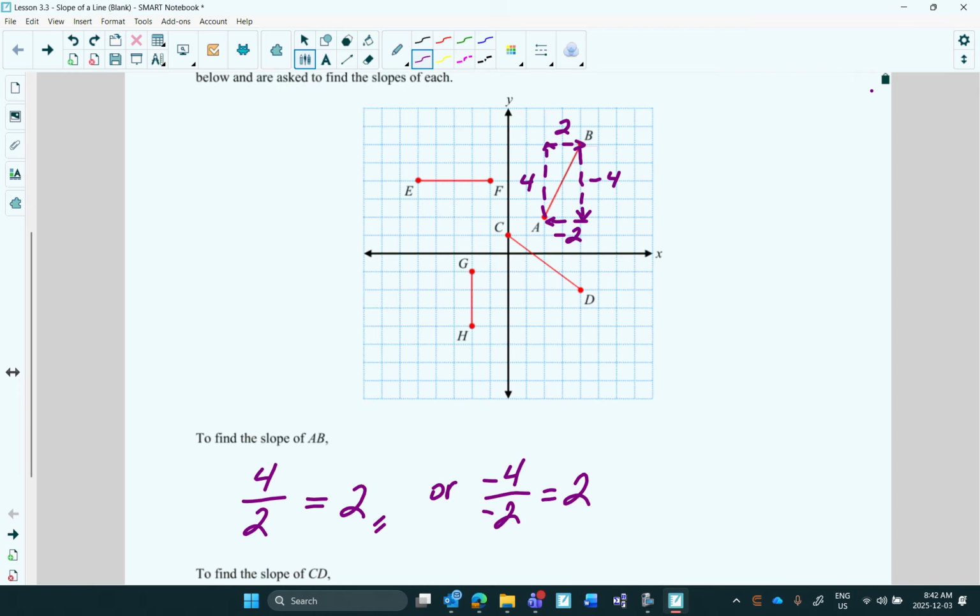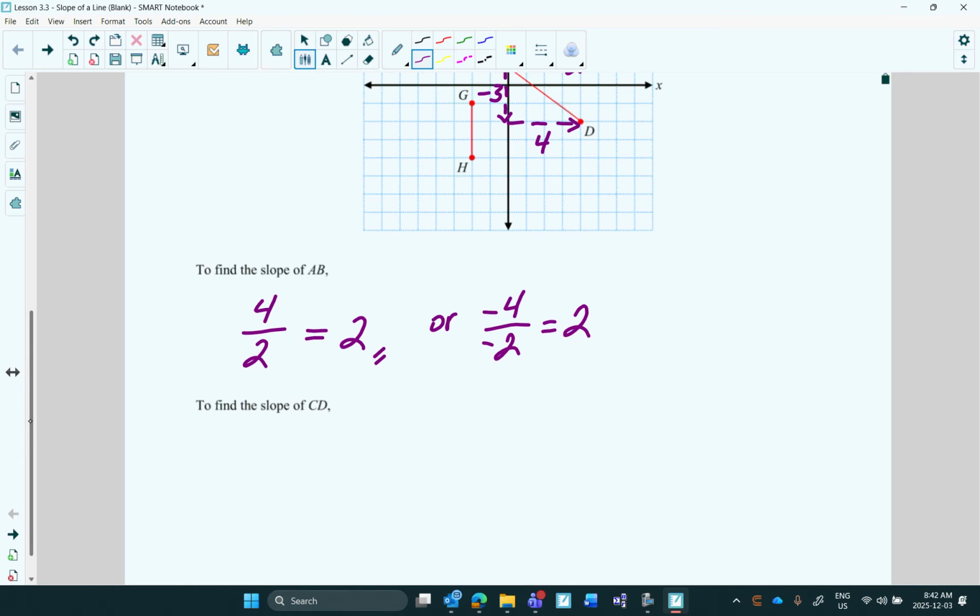So how about CD? Let's say we're going to start at C. How much do I move vertically? 3 down, so I have to put a negative in front of it, because I went down this time, and down on a coordinate grid is negative. How much did I move horizontally to finally get to D? 4. So my slope is the vertical change -3 divided by the horizontal change 4.